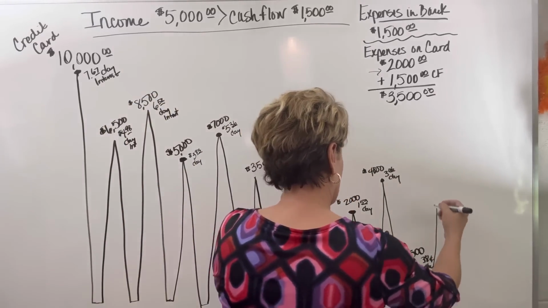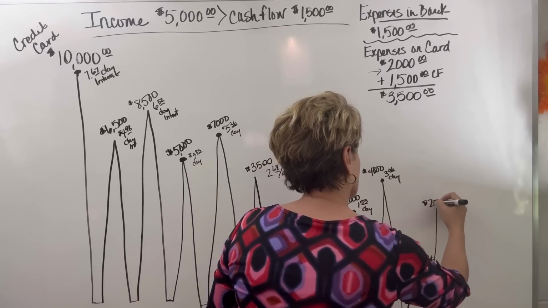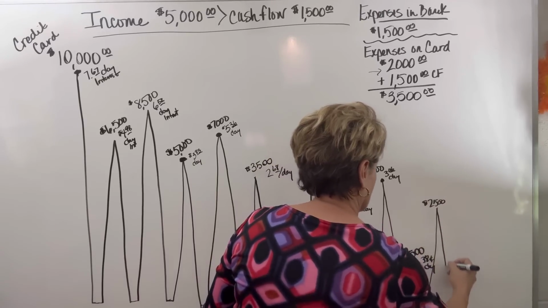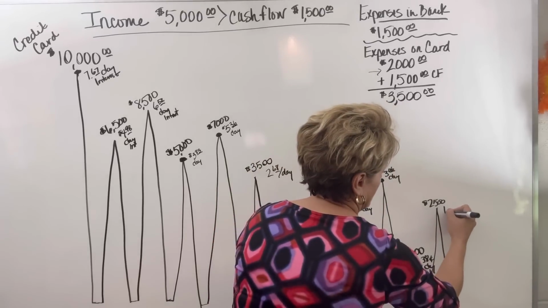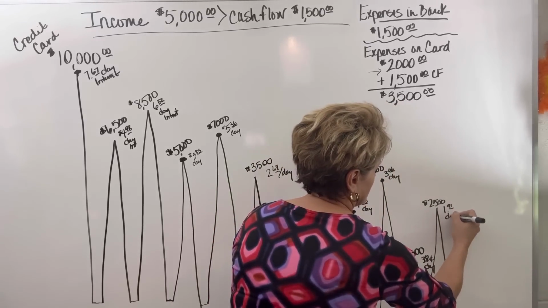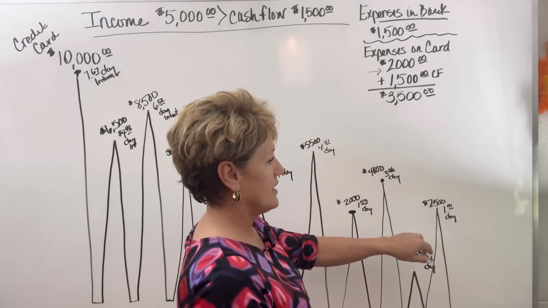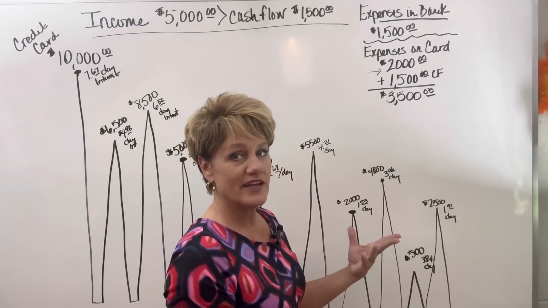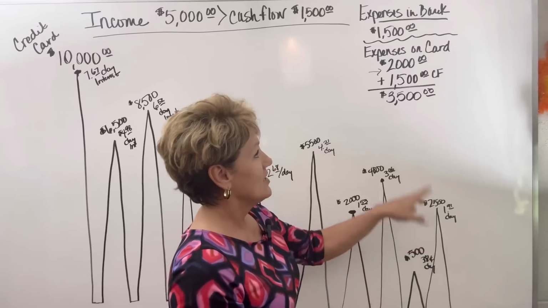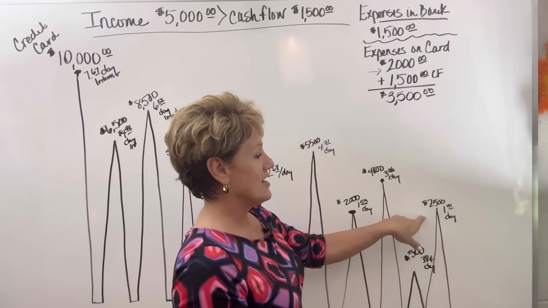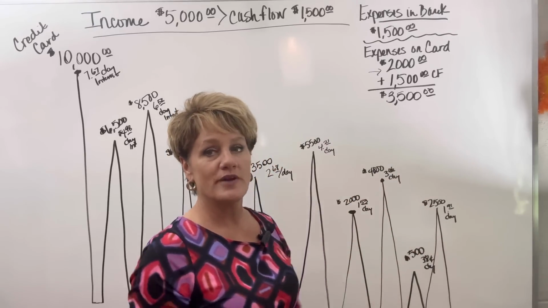Brings it back up to $2,500. $1.91 a day interest. Then after this, there's only one more payoff until you're just right at paying expenses again, because you have $3,500, you only have a $2,500 balance. You would pay that off.